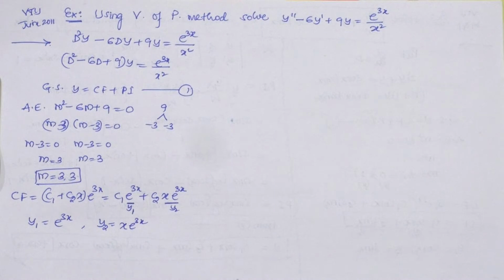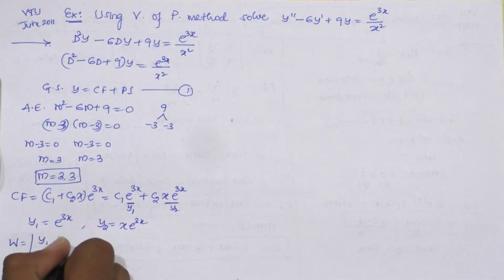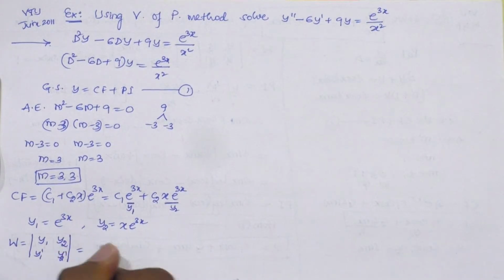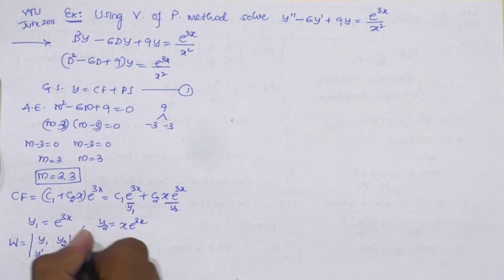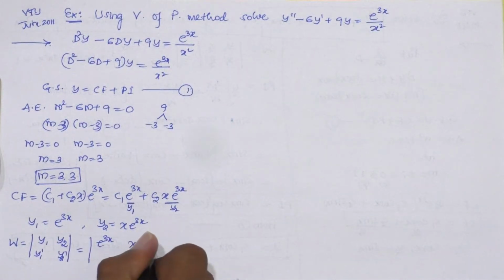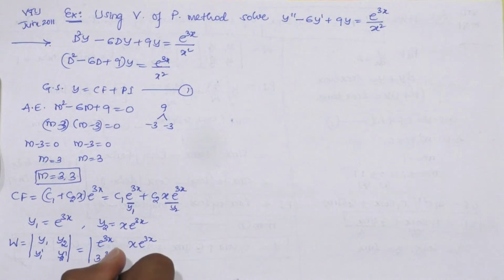Once you identify y1 and y2, then you go for W. We know what W is: W is the Wronskian of y1 and y2, which is defined as the determinant y1, y2, y1 dash, y2 dash. In this problem, y1 is e raised to 3x, y2 is x e raised to 3x, y1 dash is the derivative of e raised to 3x, which is 3 e raised to 3x, and y2 dash is the derivative of x e raised to 3x, a product of two terms.